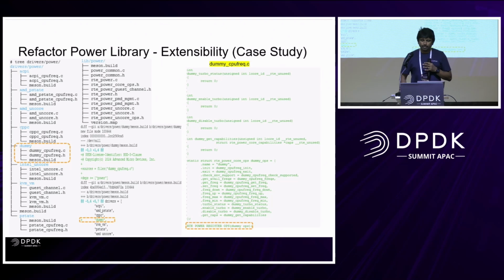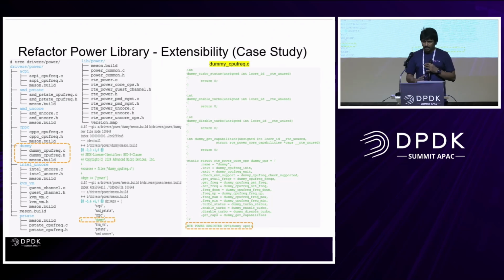Let's assume I wanted to extend this, or plug in a new driver. What is really needed? You just have to add the driver with its various frequency management operations. I'll take a dummy driver as an example. I define it with the various operations, and it registers with the power library.